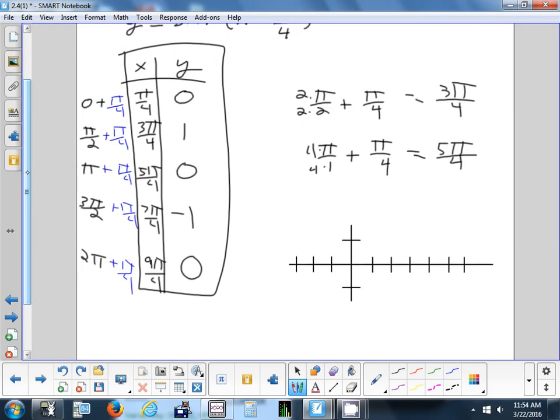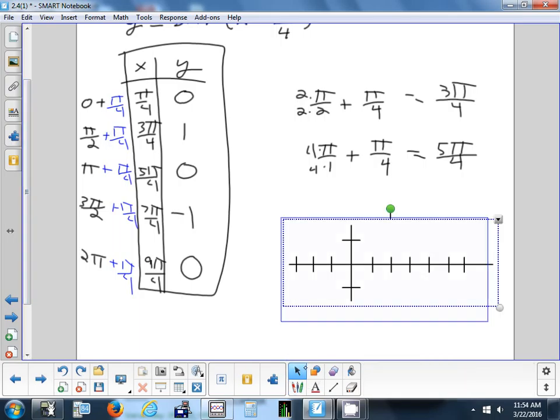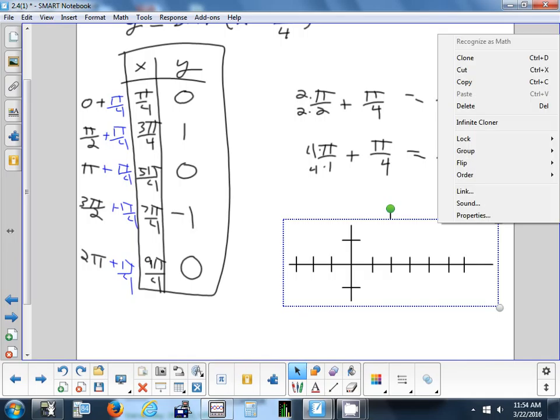All right, so we've got pi over 4. Now, if you want to space it out more, because you're like, you know what, things are just too cramped for me, you can space it out more if you just skip consistently. Okay, let me show you how you can, if you want to space it out more.